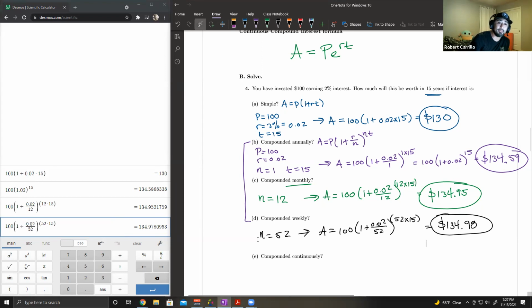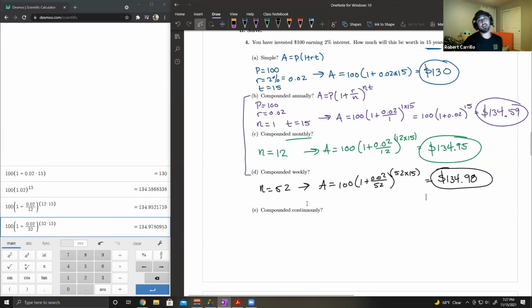Okay. And now the last one, we're like, you know what? We're not going to make money compounding annually, compounding monthly, compounding weekly. So let's go ahead and try to make money every second, every hour, every day, working all the time. Interest on top of interest on top of interest. So this last problem is going to use our best friend, Pert.